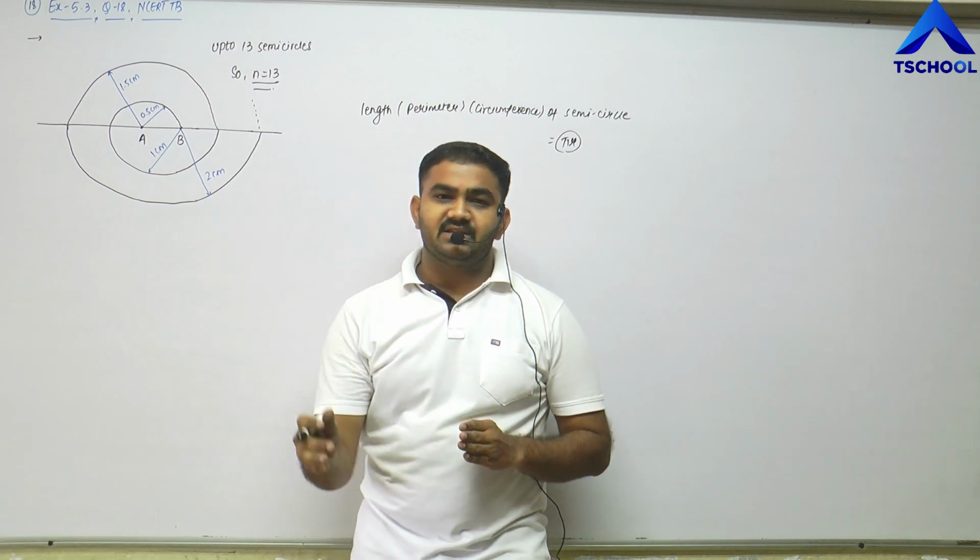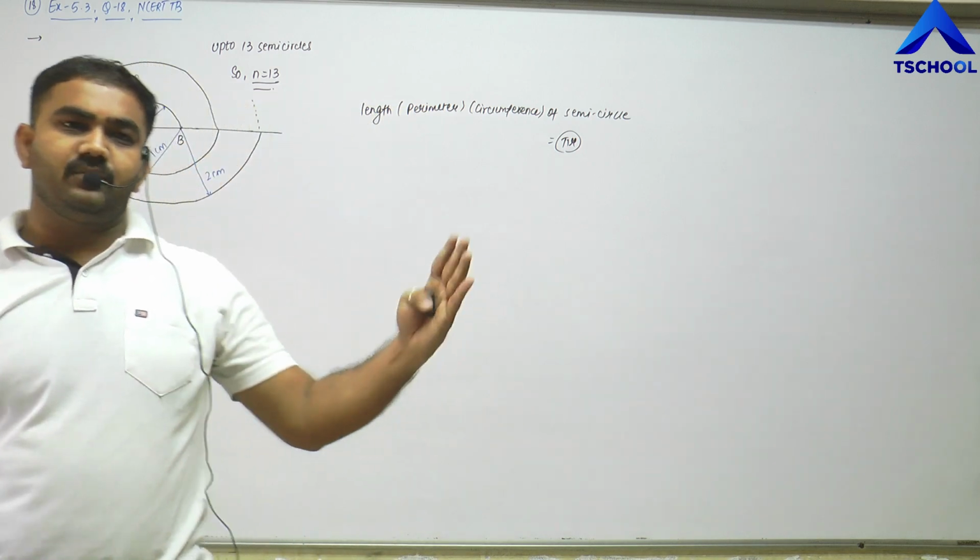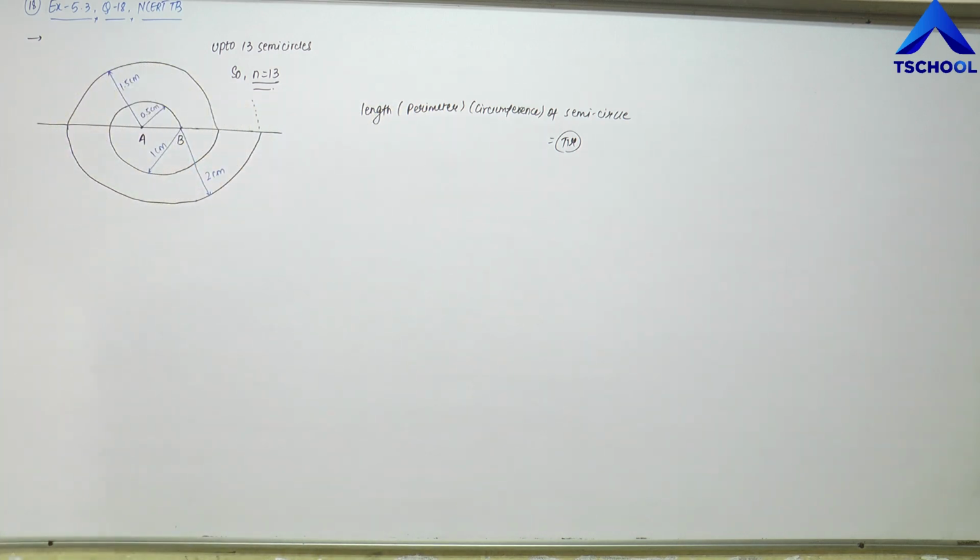The third one has a radius 1.5, then 2, 2.5, 3, 3.5 and so on up to the 13th semicircle. Is it clear, friends?